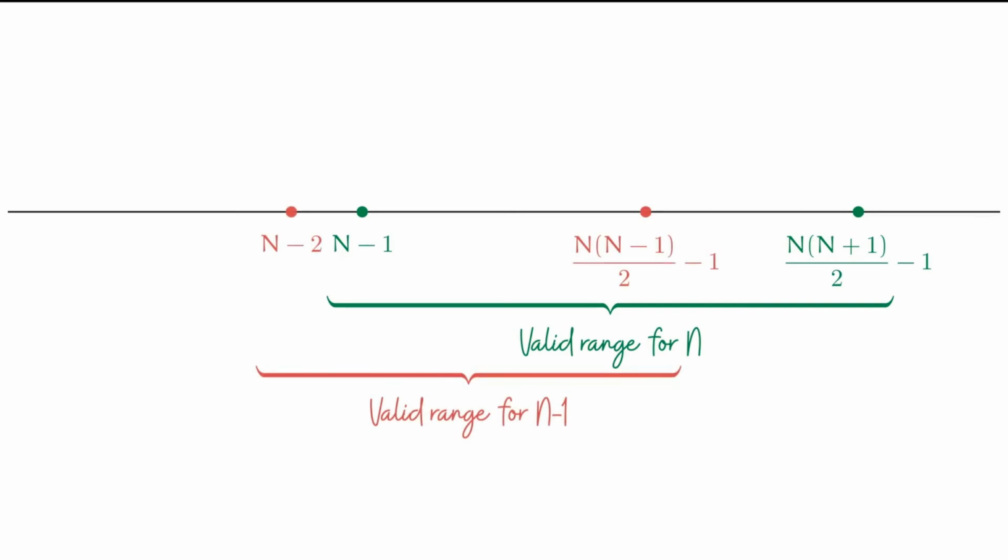That's going to be n minus 2 for the lower bound and n into n minus 1 over 2 minus 1 for the upper bound. So the idea is that you're starting with a cost c that's in the green range, and if you can subtract from it some amount that will take you to the red range, then the recursive algorithm pretty much writes itself. But the question is, can you always subtract something appropriate?